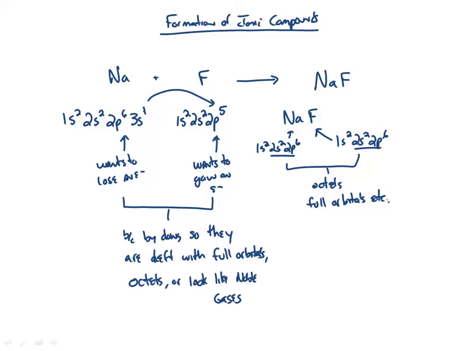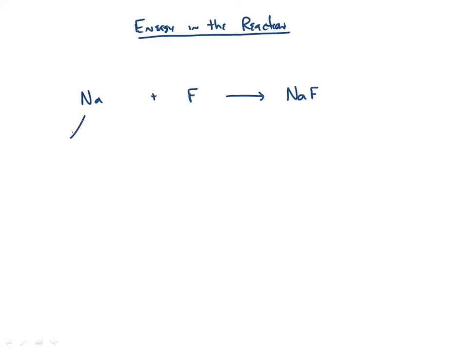So let's take a look at the energy in that reaction then. I'll redraw the reaction; you can just put it down in your notes. I've got Na plus F goes to NaF. Notice that the energy to lose that electron is simply the ionization energy, and for sodium that is 495.8 kilojoules per mole.